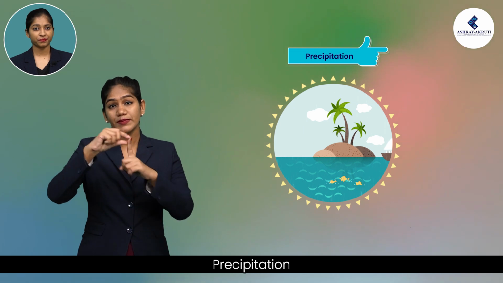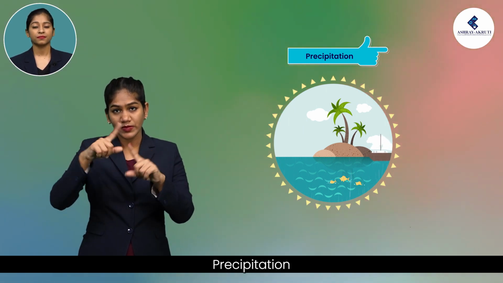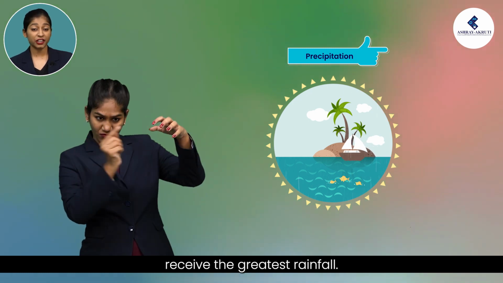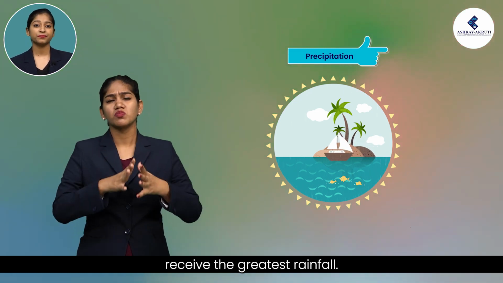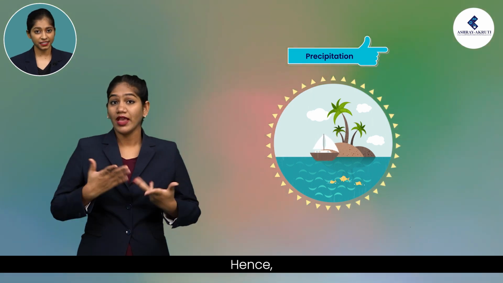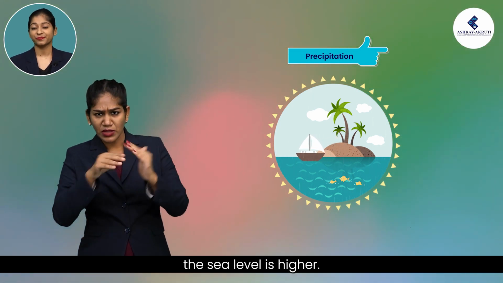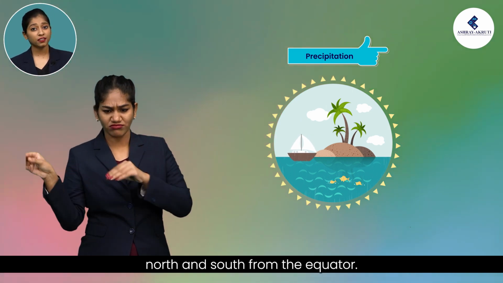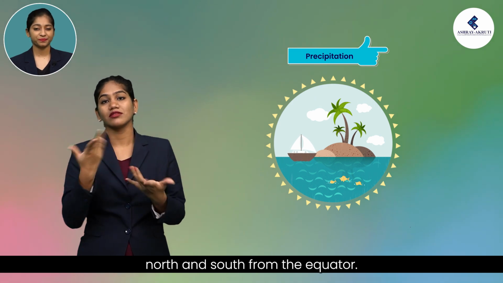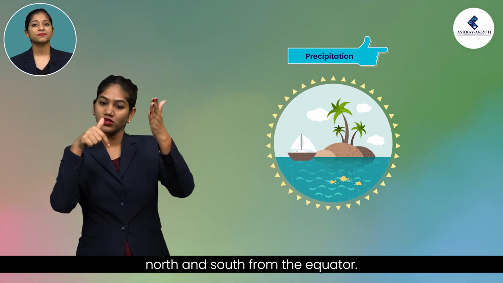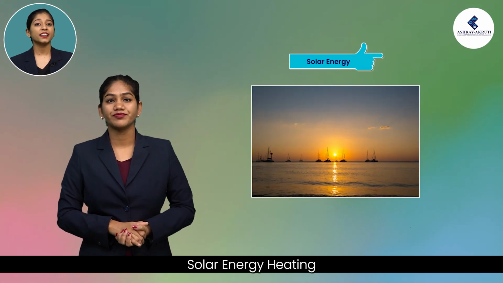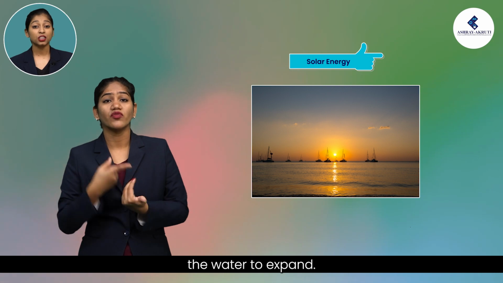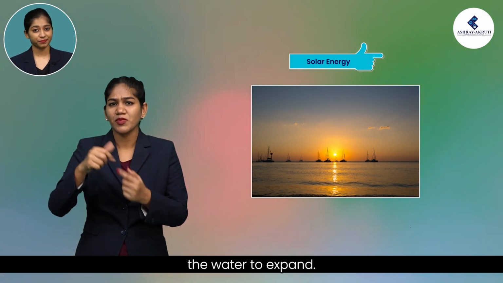Precipitation. The equatorial areas receive the greatest rainfall. Hence, the sea level is higher. As a result, water moves north and south from the equator. Solar energy: heating by solar energy causes the water to expand.